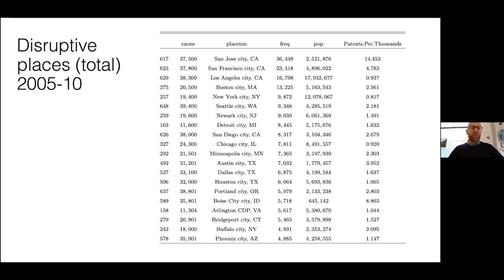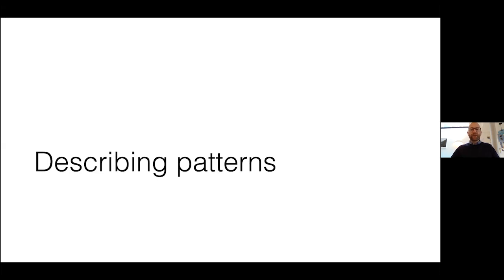Here's a table of places that have the most activity in disruptive classes. This is a logical group. Of course, it would be different if we scale it per capita, but this is just meant as an illustration. We get a sensible set of highly disruptive places for the 2005 to 2010 period. Okay, so we are now armed with some measures of potential disruptiveness and tacitness.